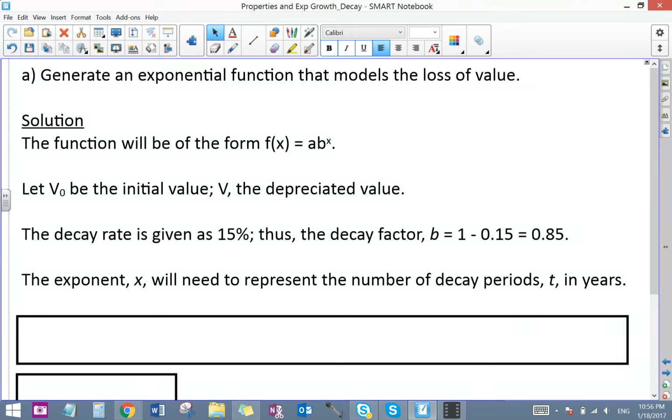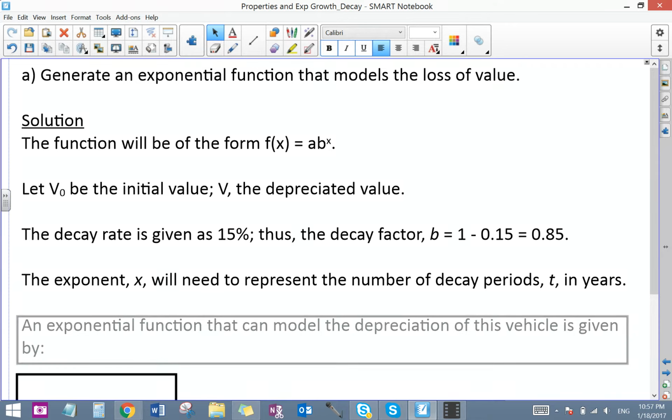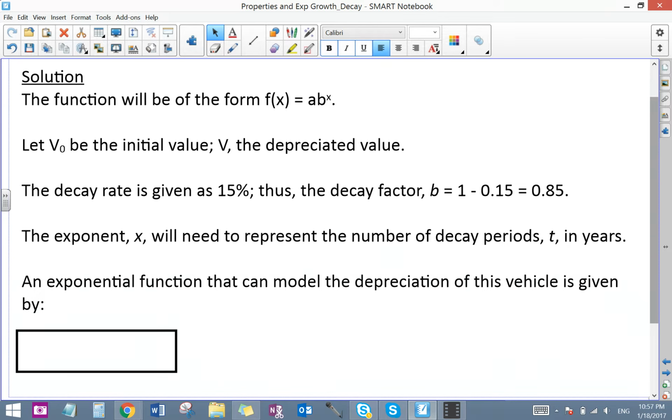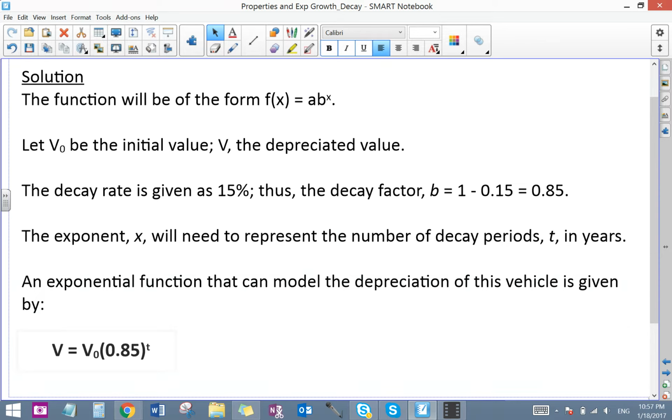Okay, so year over year, we're going to be determining how much the car is depreciating. So the exponential function that we can use to model the vehicle's depreciation would be none other than v equals v naught, or the initial value of the vehicle, multiplied by 0.85, that's the decay factor, to the power of t.